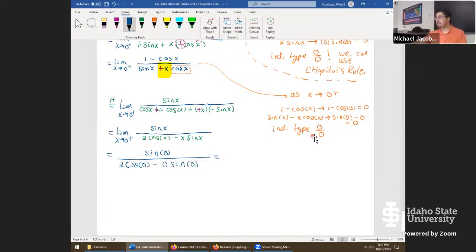Up in the numerator, the sine of 0 just turns into 0 itself. If we get 0 in the denominator, it's indeterminate and we have to backtrack. But that's what saves it right here. The fact that cosine didn't cancel, 2 cosine 0 is just 2 times 1.